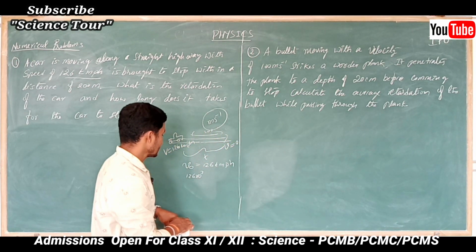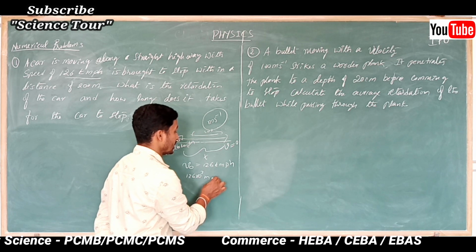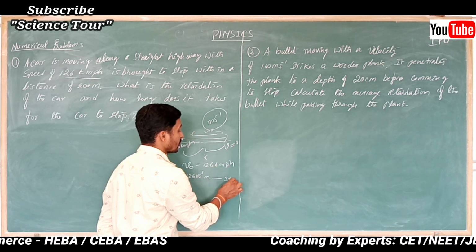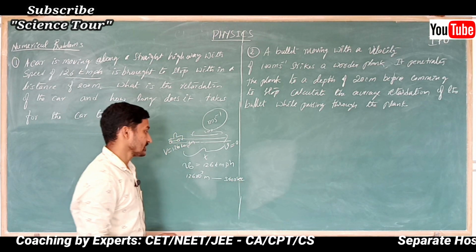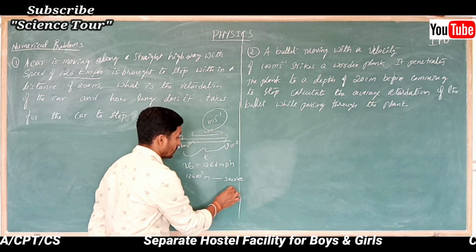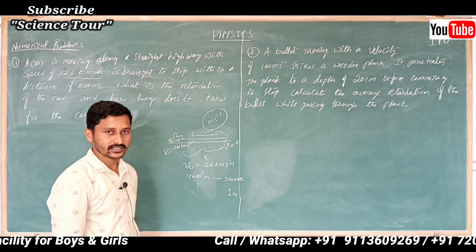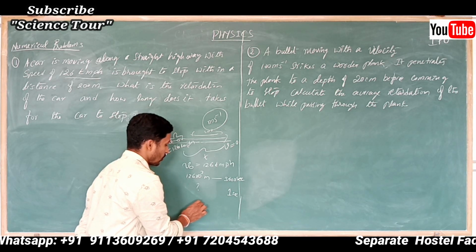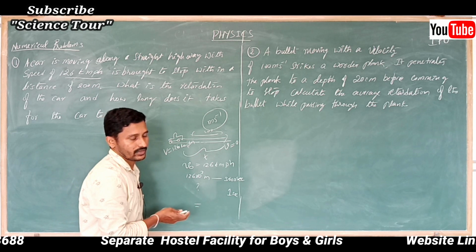So 126 kilometer per hour means how much? One hour means 3600 seconds. Now what is our aim? We have to find out per second. Then what is the speed for 1 second? In 1 second, how much distance does it travel? Simple, cross multiplication. So what is the speed in meter per second we are going to get?